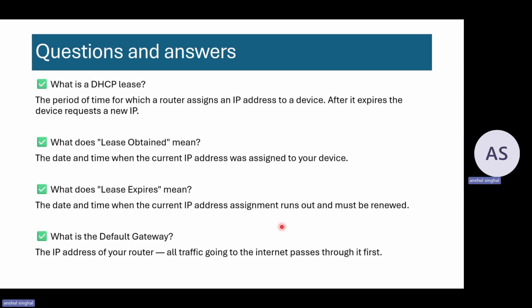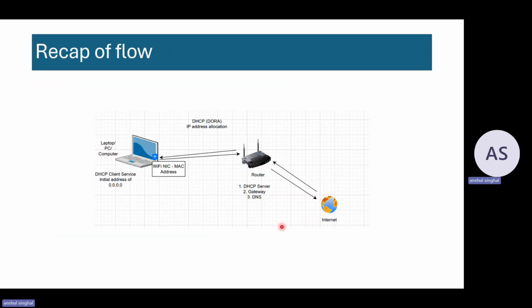Then comes, what is the default gateway, right? As we can see in this picture again, the laptop is connecting to a router, and the router is the one which is connected to the internet.